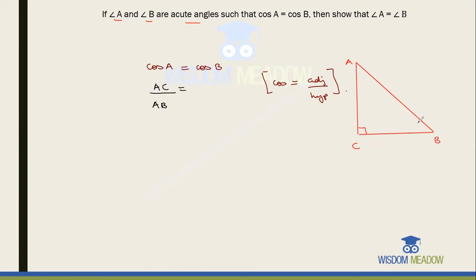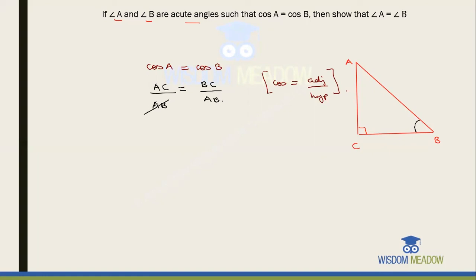Now cos B, if you consider angle B, the arm of that angle apart from the hypotenuse is BC, and the hypotenuse is again AB.